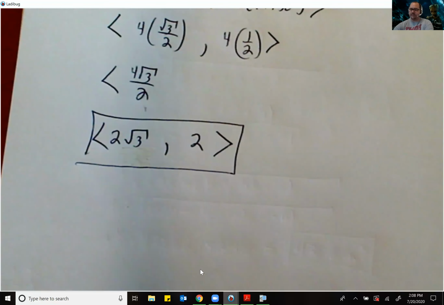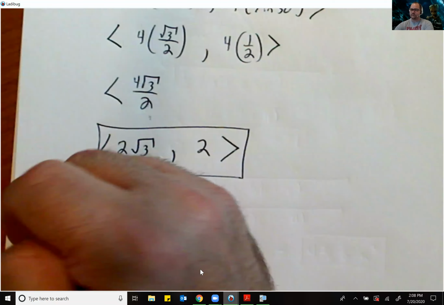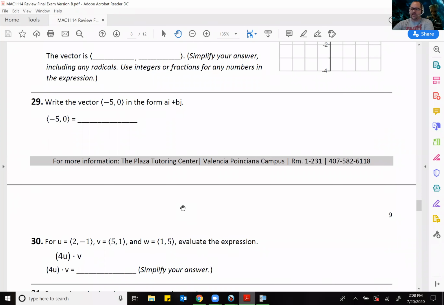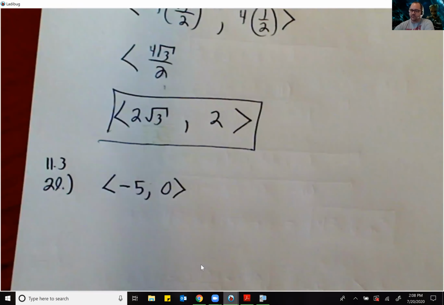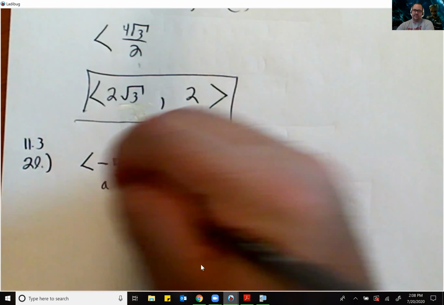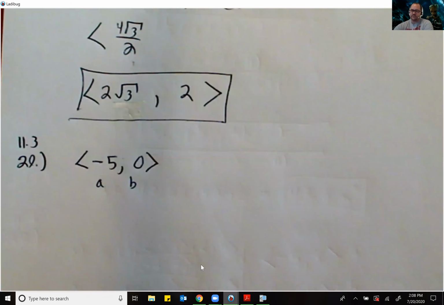Okay, number 29. All right, so number 29, 11.3, they want you to take this vector and write it as a unit vector. Really easy to do. So in order to write this as a unit vector, this is your A, this is your B. All you have to do is plug in the numbers.